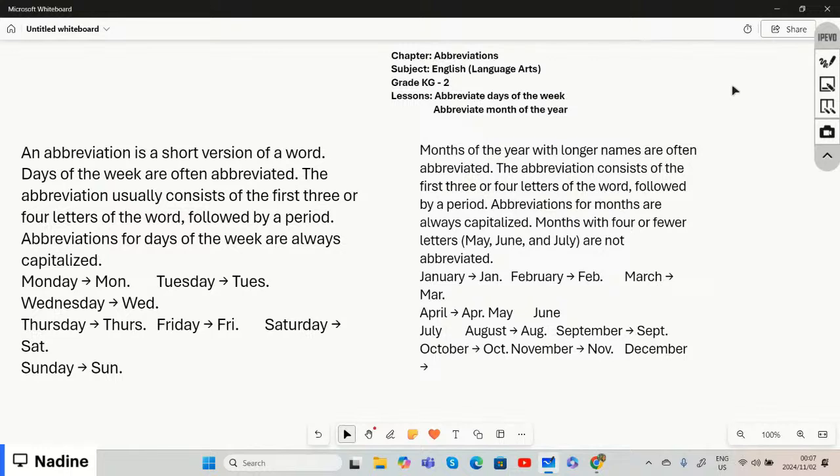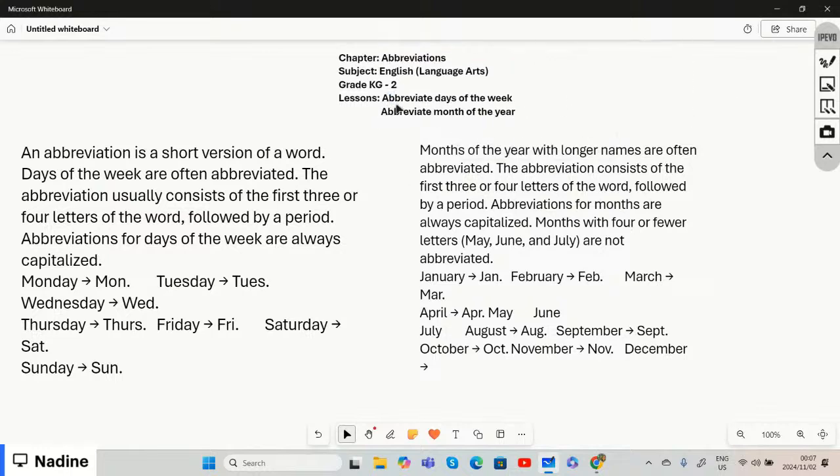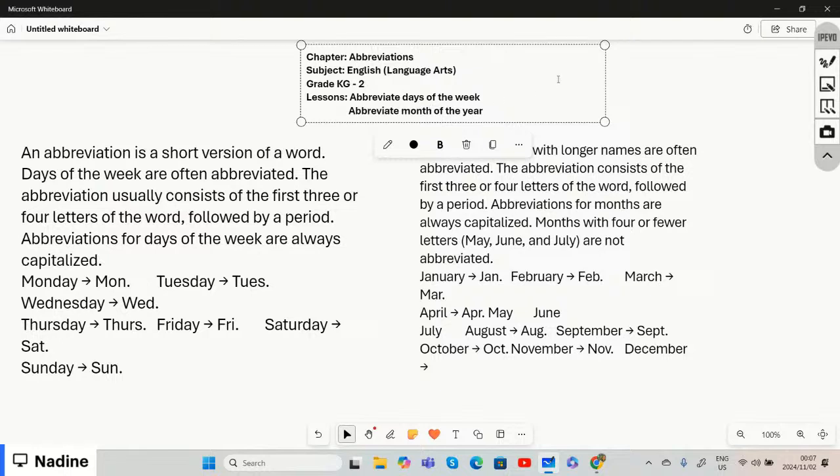In the lessons under the chapter of abbreviations, we're going to abbreviate days of the week, and we're going to abbreviate months of the year.